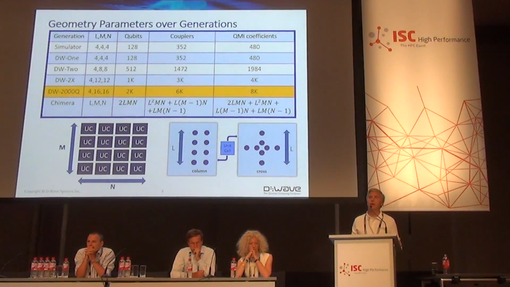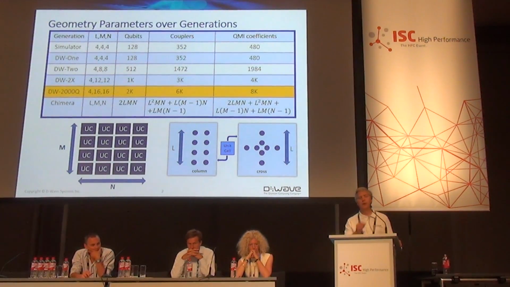That was a 128 qubit system. I should point out that before 2011, we actually had a sequence of prototypes in our lab that were much smaller. We started with 4 and 12 and 28 qubit systems. But the first system that we actually introduced commercially was the D-Wave 1, and that was 128 qubits.